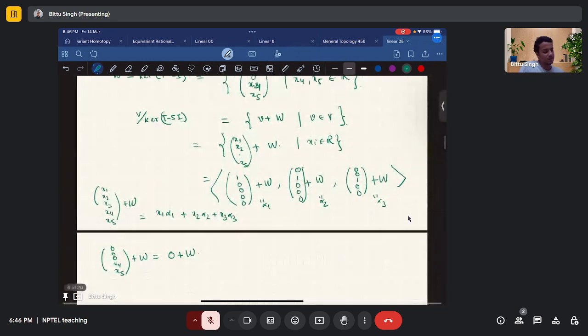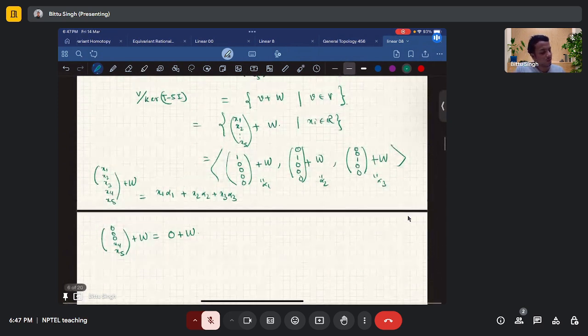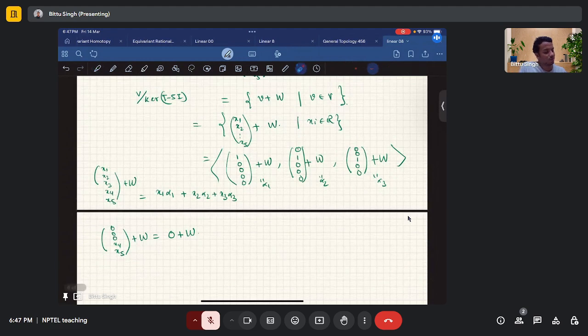So as a result, this V mod kernel of T minus 5I is generated by those 3 elements. And let us see what T applied on alpha 1 is.